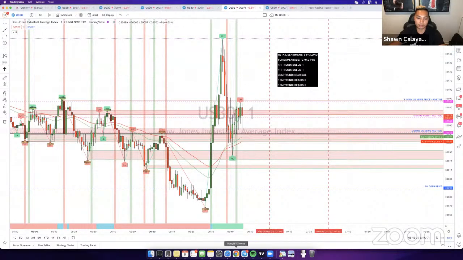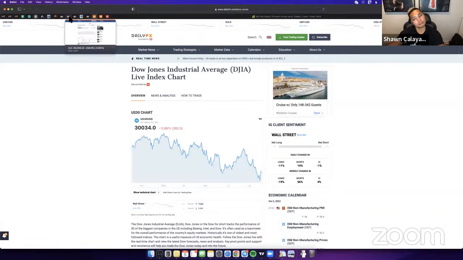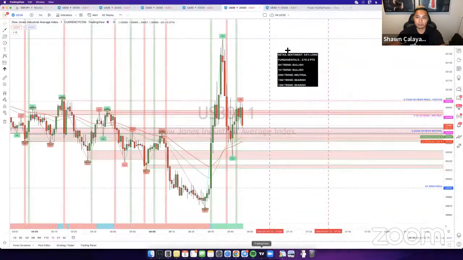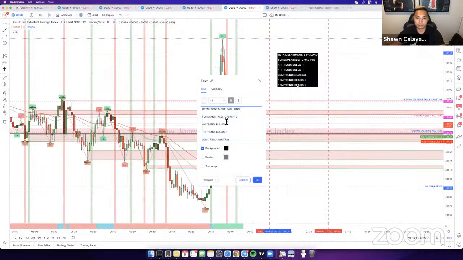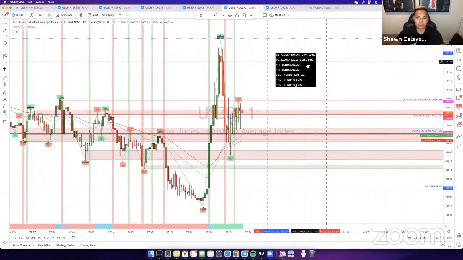I'll keep looking over here at sentiment to see if there's anything we can derive from the market. $258. All right, so I don't have to change the fundamentals that much. The main thing we're looking for here is if it goes below negative 100 or above positive 100. That's where we need to look at it, because that's where it changes.